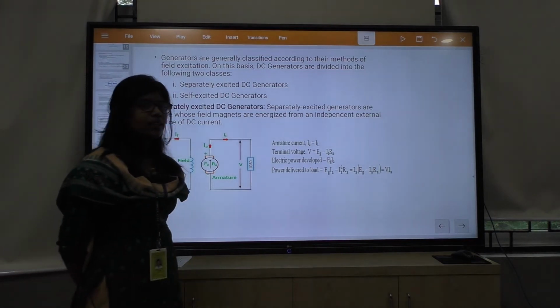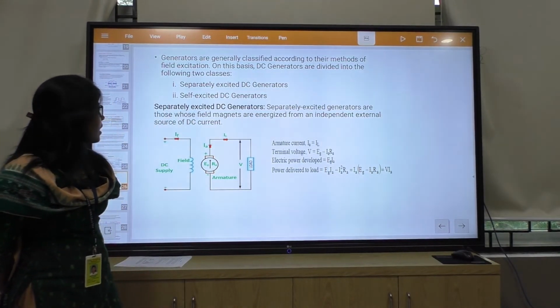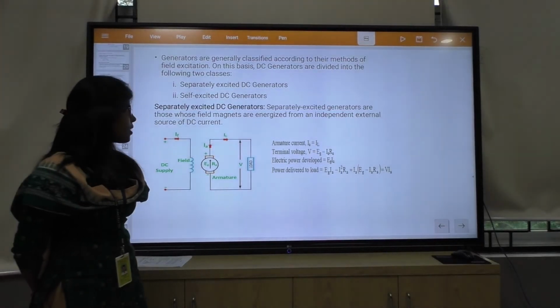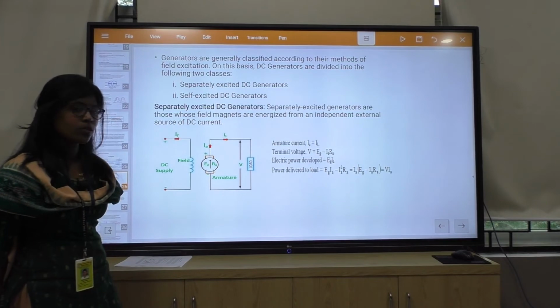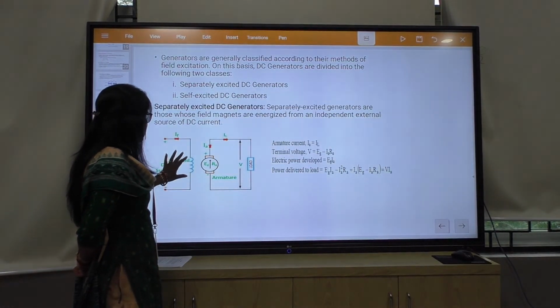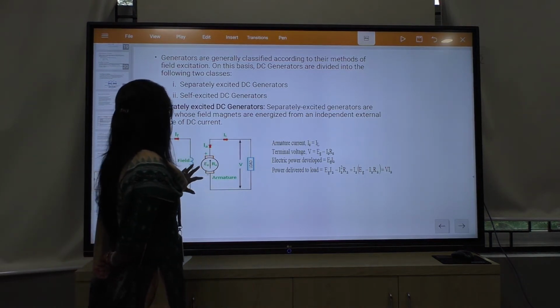Separately excited means the field magnets of the separately excited DC generator are excited from an independent external source of DC current. So, here the field winding is excited from a separate source.